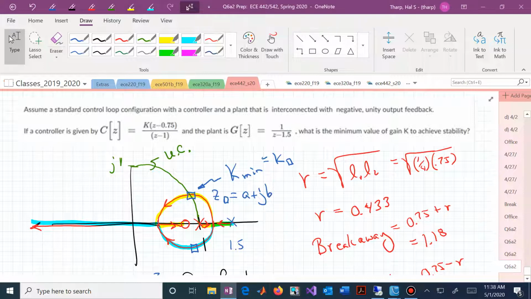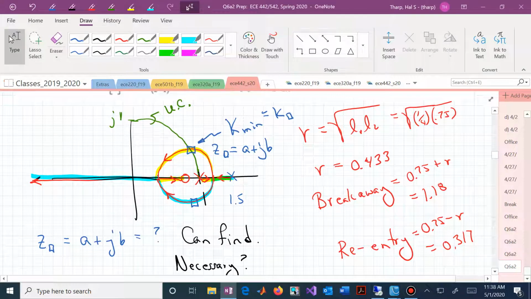It's not at 1.25. It's breaking away a little bit closer to the pole at 1 than the pole at 1.5. We would re-enter inside the unit circle on the real axis a radial distance to the left of the center, at 0.75 minus r, which is then at 0.317.